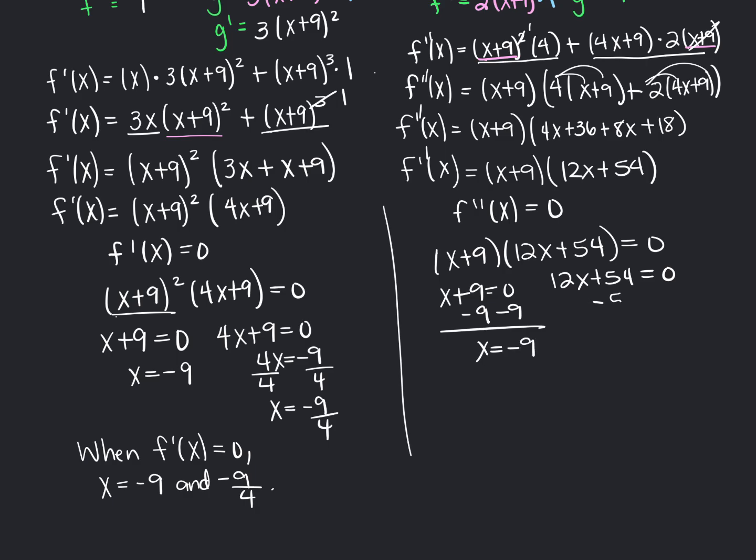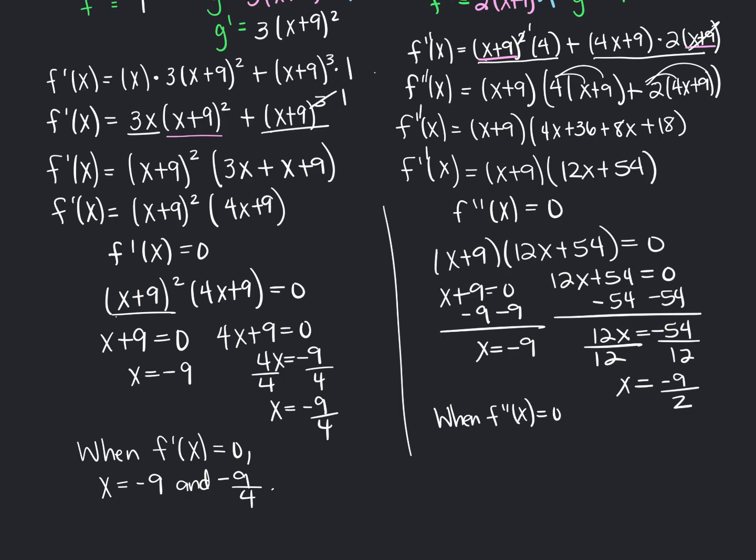On the second one, I subtract 54 from both sides, and I get 12x equals negative 54. Then I divide both sides by 12, and since 54 and 12 are both divisible by 6, I get negative 9/2. So when f double prime of x equals 0, x equals negative 9 and negative 9/2.